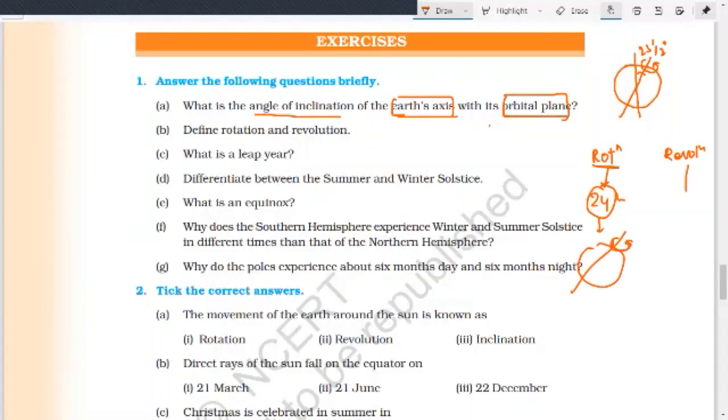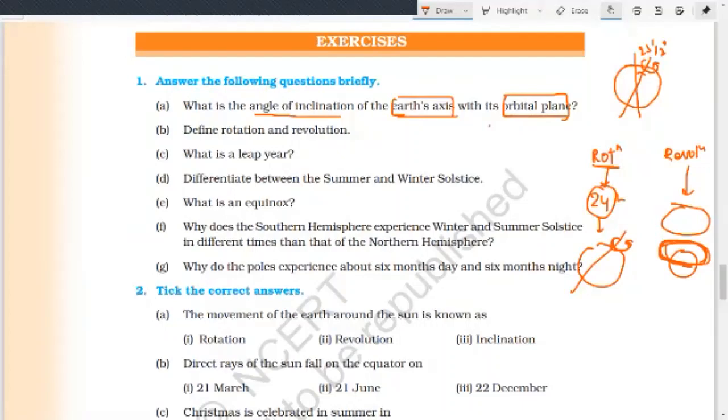And Earth revolves around the Sun in an elliptical path. The orbit of the Earth means this elliptical path along which it revolves around the Sun. This orbit forms a plane with the Earth, which is called the orbital plane of the Earth.